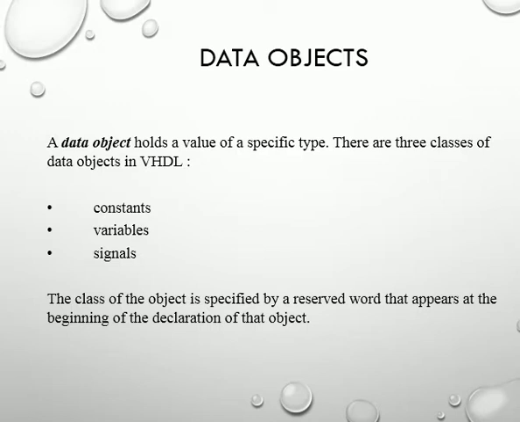The class of the object is specified by a reserved word that appears at the beginning of the declaration of that object. So whenever we are declaring any object, its class, whether it is a constant, variable or signal, will appear at the beginning of that declaration.